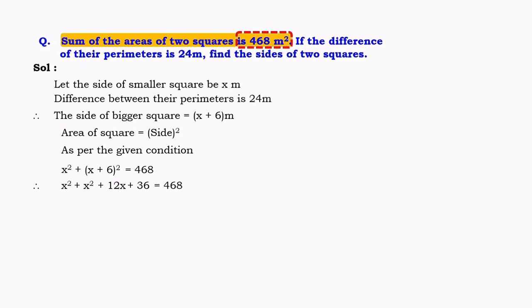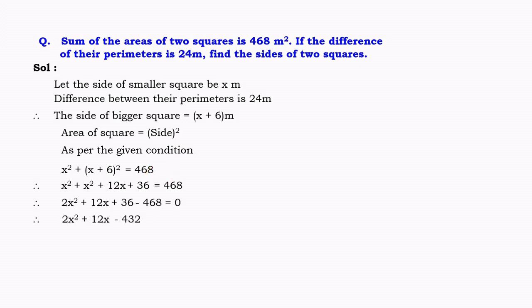After expanding and simplifying, we get 2x squared plus 12x minus 432 equals 0. Dividing every term by 2, we obtain x squared plus 6x minus 216 equals 0. This is our quadratic equation.